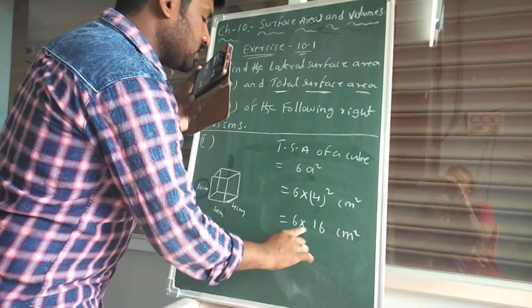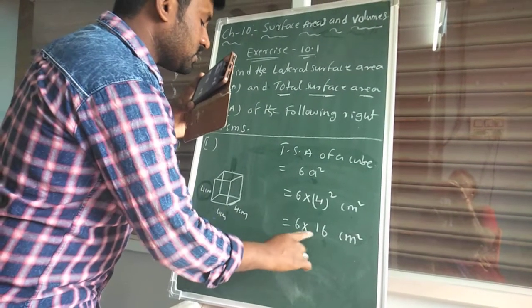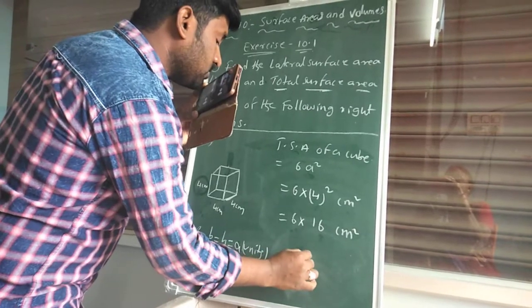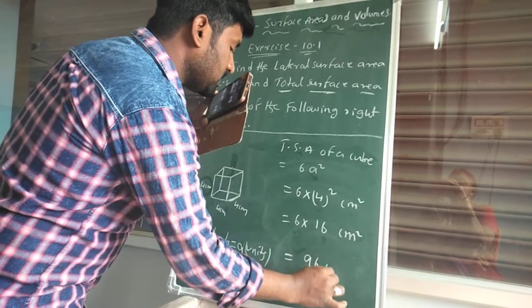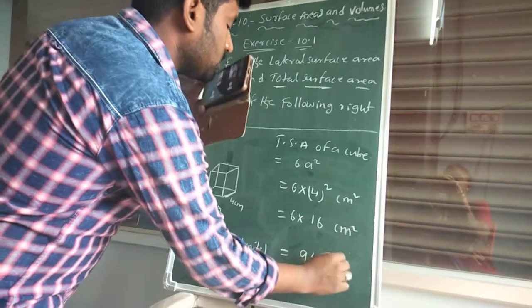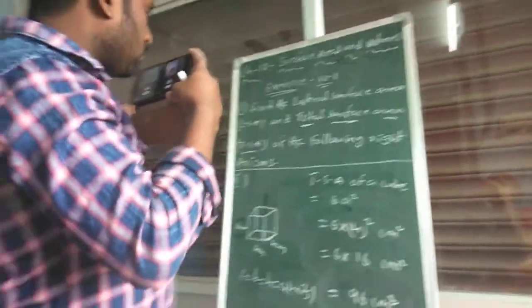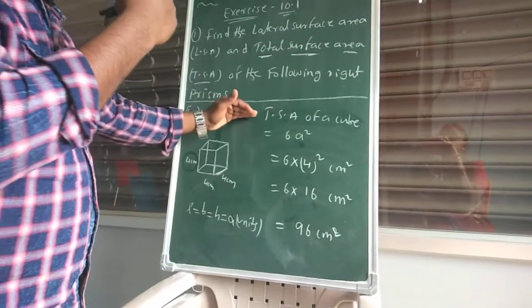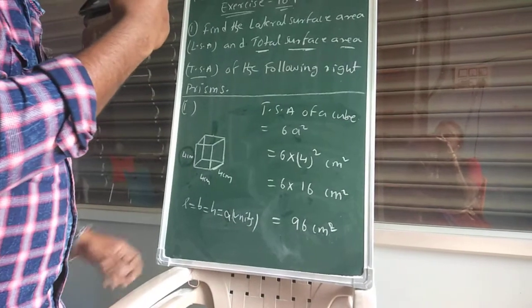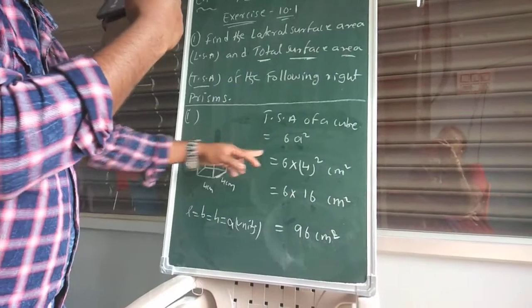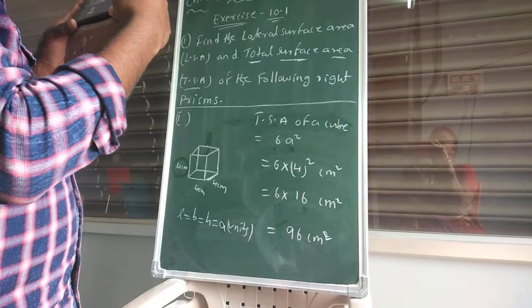Now 6 into 16, or 16 into 6, 16 sixes are 96 square centimeter. So we will find TSA and LSA of a cube like this by using the formula. Okay students?